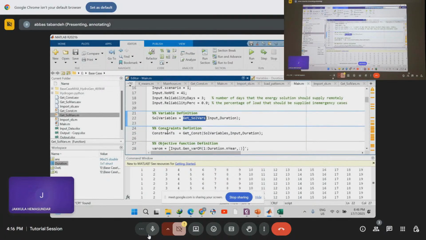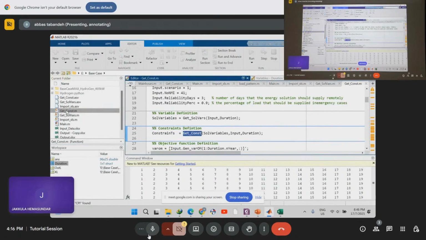Next step is to define constraints. And to define constraints, we use this function. This time this function is dependent on decision variables as input as well as the duration that we have considered there. So we need to open the get constraint function that we have defined.